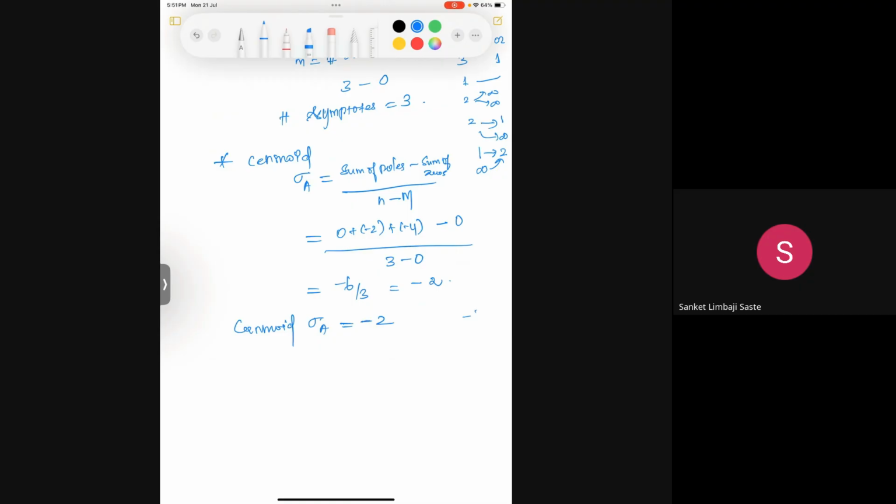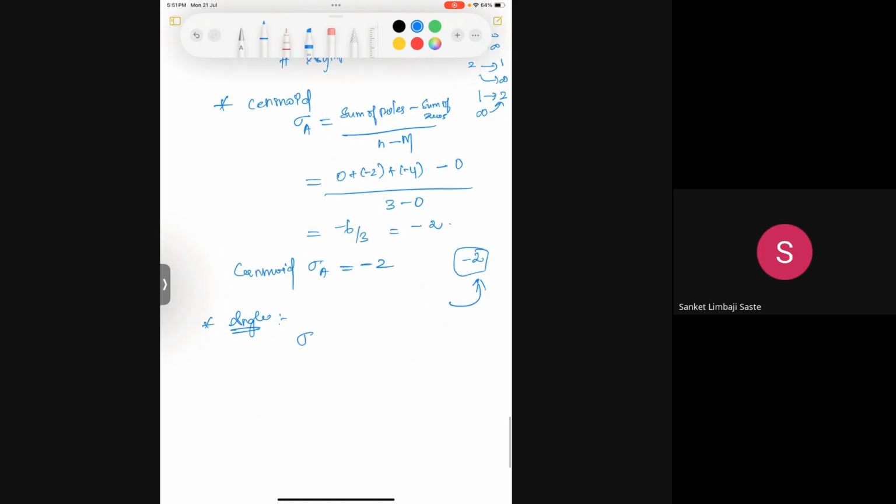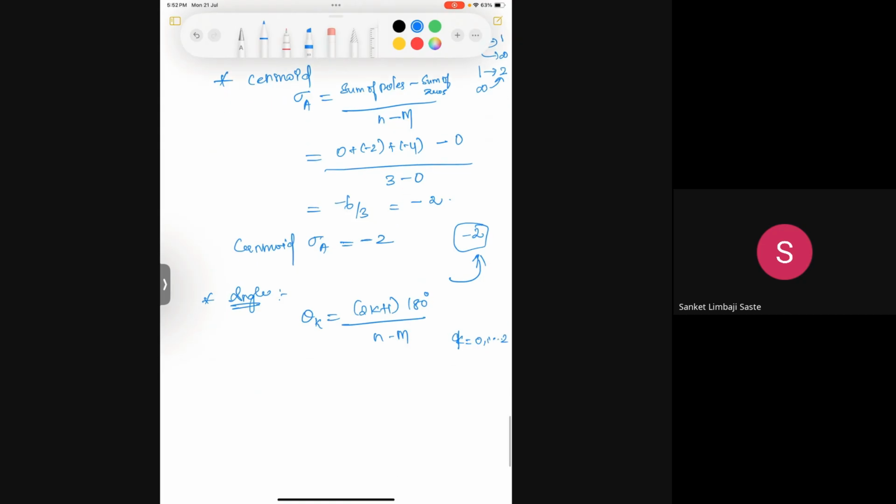So from minus 2, the asymptotes will start to emerge. From this point only the asymptotes will emerge. And at what angles will they emerge? For this there is again a formula. That angle can be given using theta k equals (2k plus 1) times 180 divided by n minus m, where k equals 0, 1, and so on up to whatever integer we are considering.